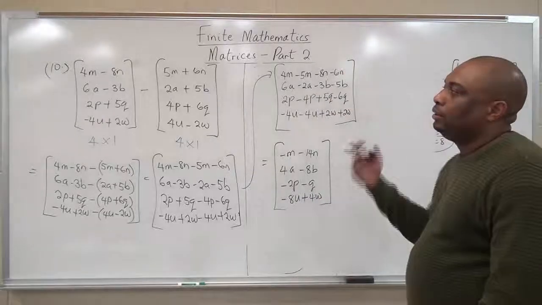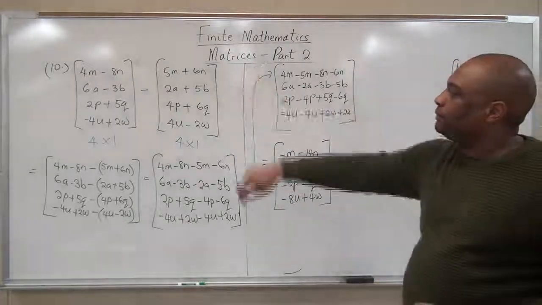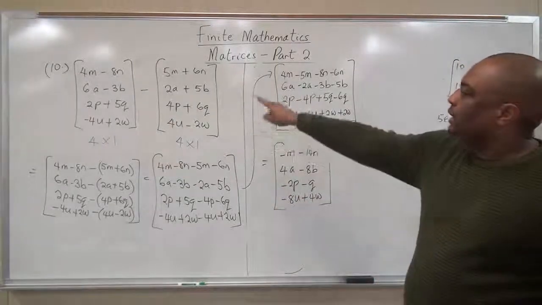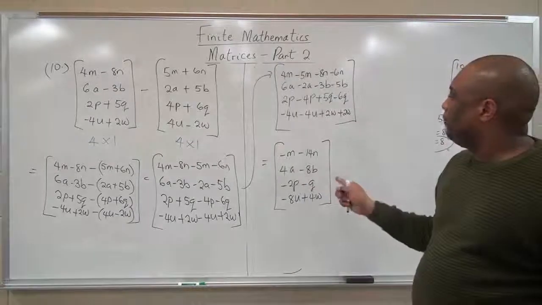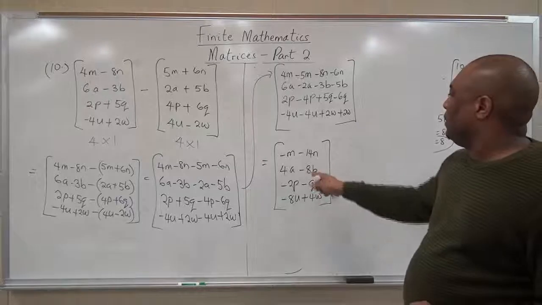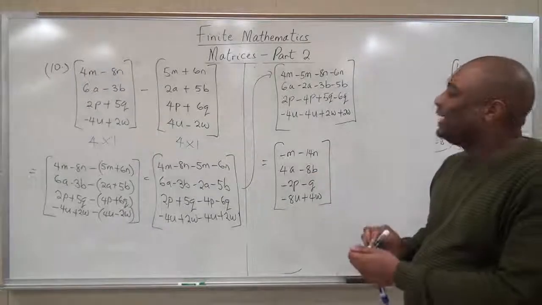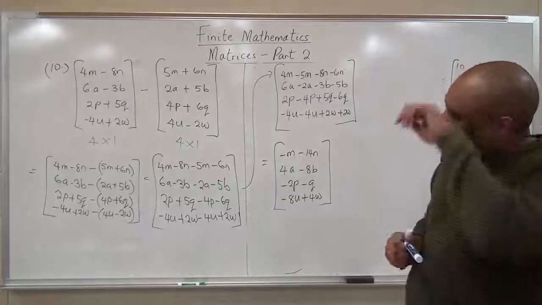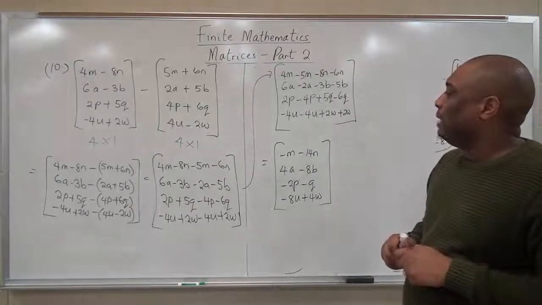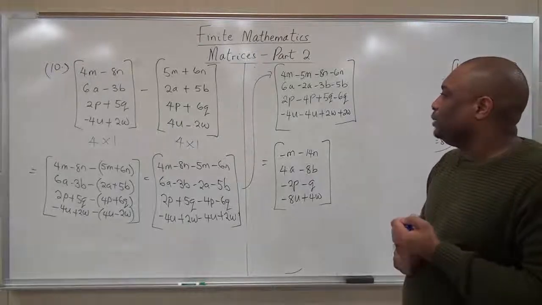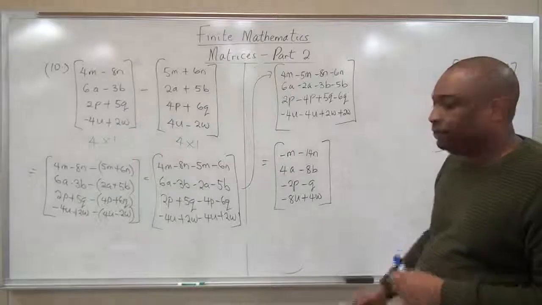Okay? Now, some folks will just look at this and say the answer. You know, 4m minus 5m is minus m, minus 8n minus 6n is minus 14n, 6a minus 2a is 4a, minus 3b minus 5b is minus 8b, 2p minus 4p is minus 2p, 5q minus 6q is minus q, minus 4u minus 4u is minus 8u, 2w plus 2w is 4w.